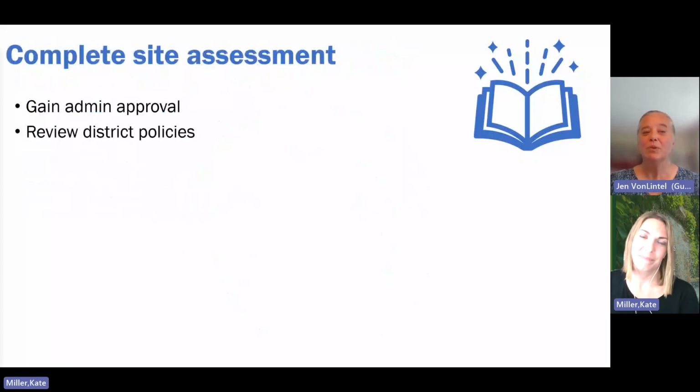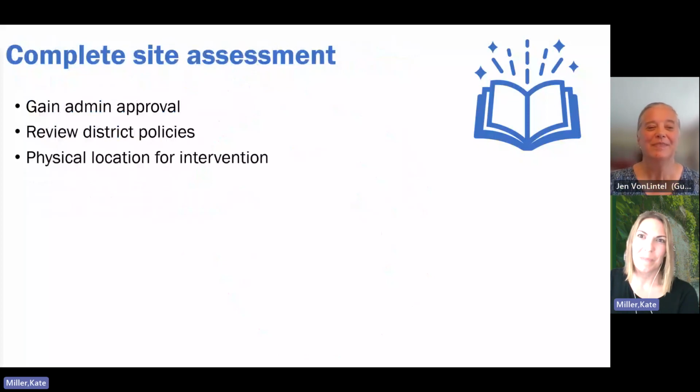We're very lucky in this next bullet that we're starting to see a number of districts with specific policies, so that the animals coming into the school do have to be registered with a therapy dog organization. They do have to provide the insurance and sign some documents, going through background checks and that sort of thing. If you've got a policy in place, make sure you've reviewed it and you know what's on it so that you can follow it.